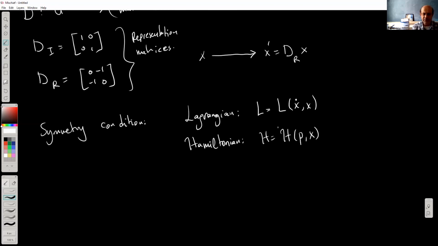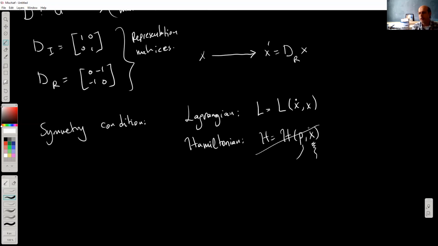So there's a slight problem in here. I know how coordinates transform under symmetries, but I don't know how momenta transform. I can find no problem with this. It's a very simple calculation, basically. But this makes the Hamiltonian description of the symmetries a little bit difficult.